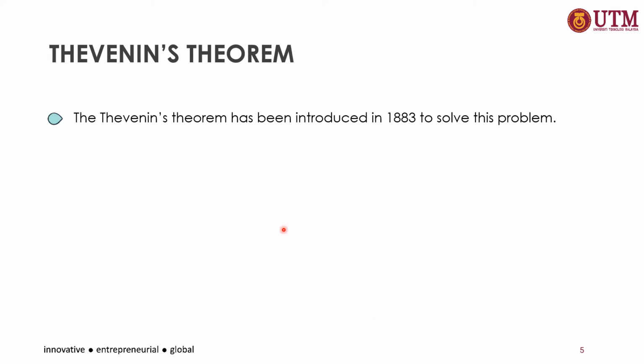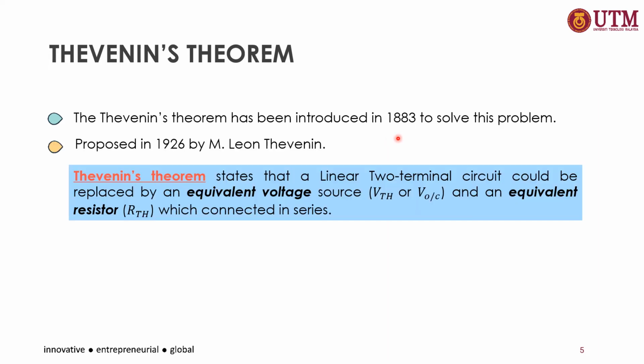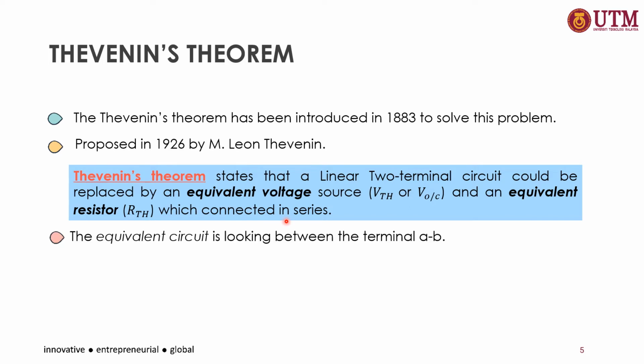The Thevenin theorem was introduced to solve this problem, proposed by M. Léon Thévenin in 1883. The Thevenin theorem states that a linear two-terminal circuit can be replaced by an equivalent voltage source, VTH or V open circuit, and an equivalent resistor RTH, connected in series.